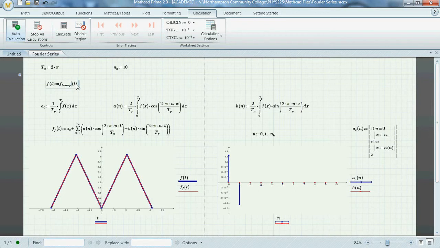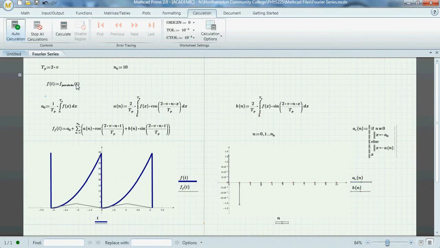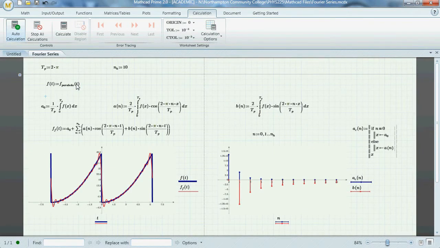And let's do, as one last example, a periodic parabola. So in this case, we see even as an x squared function, Fourier will be able to find sines and cosines to be able to follow or approximate that function.